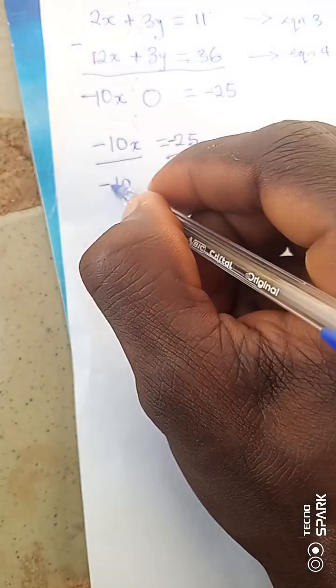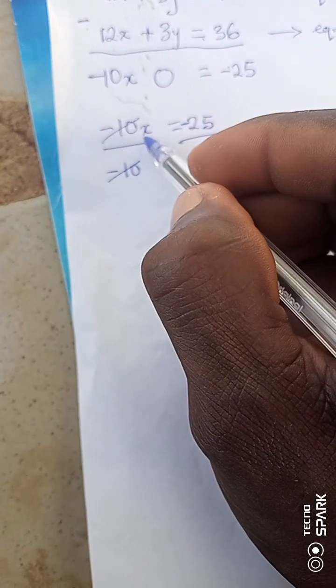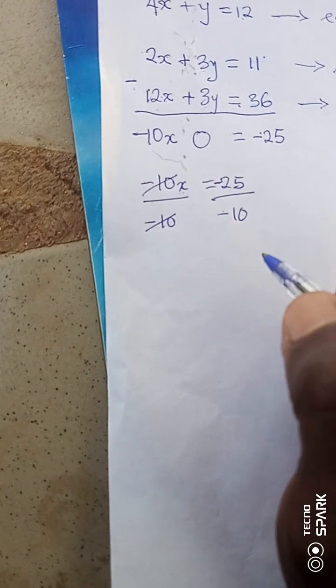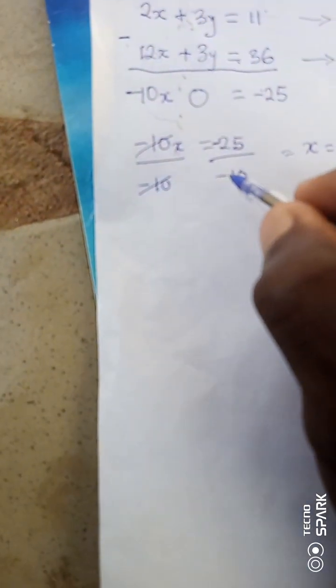So this minus 10 will cancel this one out, and x will be left alone there. On this side now, minus cancels minus.